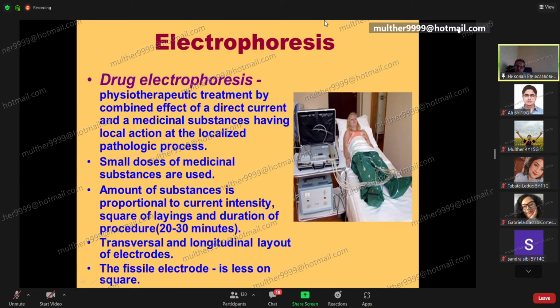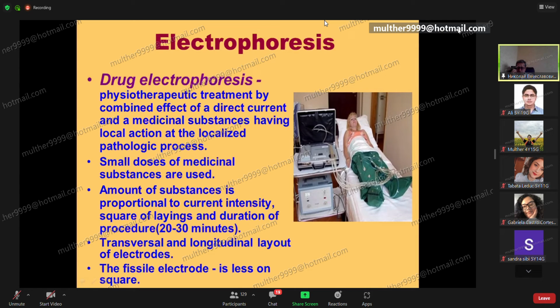This procedure provides local action at the localized pathological process. Usually small doses of medicines are used, small concentration, for example, 3–5%, not more, and small amount.